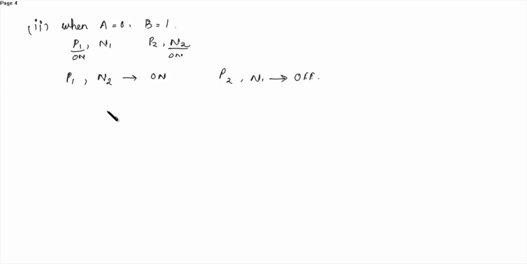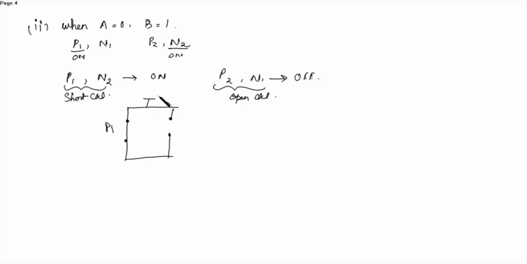So now let's see what happens to the schematic. This is for P1. P1 will be short circuited. These two will be short circuited and these two will be open circuited. So this is short circuited, this is P1. Now P2 will be open circuited. This is same, connected to VDD.